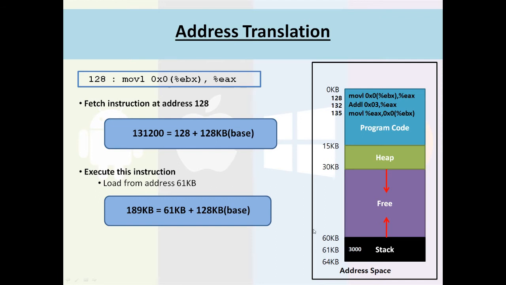So when we want to translate this address from virtual to physical, once again it is our virtual address, which is 61, the address inside the address space, which ranges from 0 to the size. We then add that value to our base, just like we did in this one over here. So now it's 61 plus 128, which is the base, and that gives us 189. So that's how we handle our address translation.